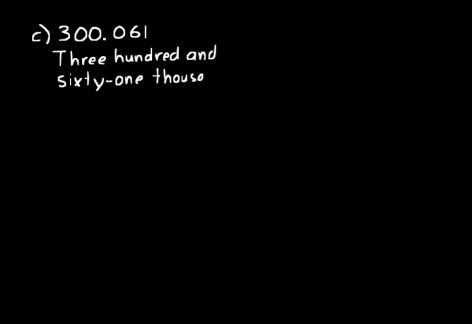And so we'll just write 300 61, and that tells us where our decimal point is, 360 hyphen 1 thousandths. And so that's how we would write the answer in words.